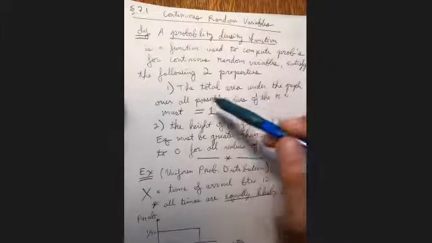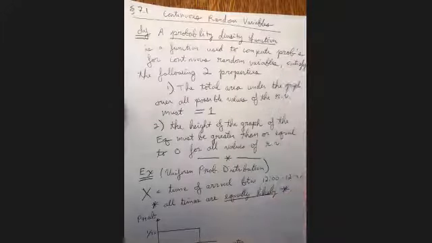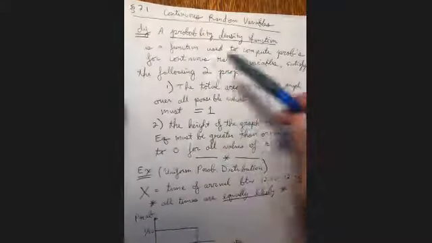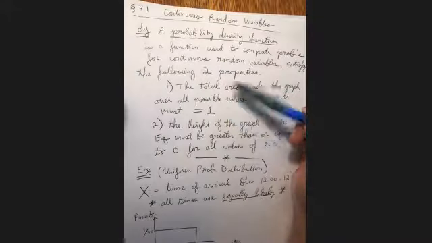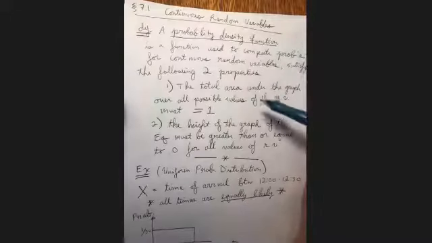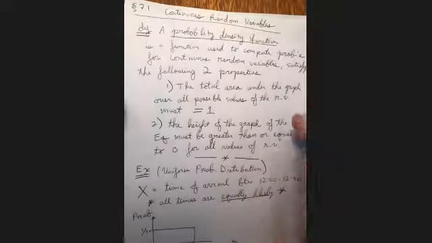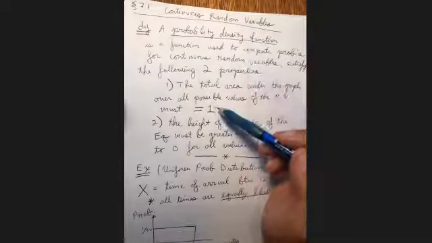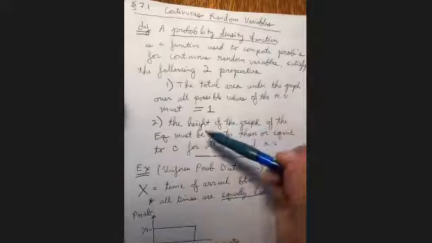So this is just like what we talked about for probability distributions, where one of the properties of a probability distribution was that the sum of all probabilities must equal 1. So this is exactly the same property, just in disguise, okay? So all PDFs must have this property for continuous random variables.